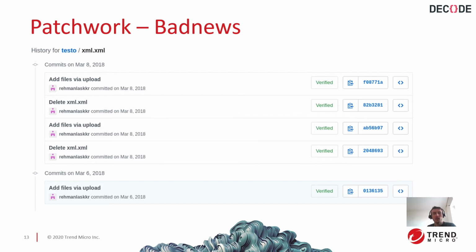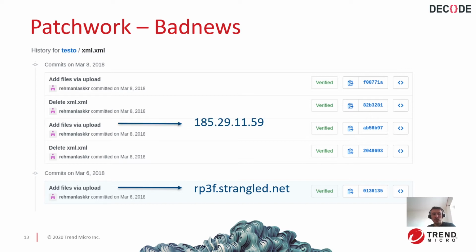We can see that in one of these repositories, we have a file called xml.xml, and we can see the history. On March 6, there was this domain. On March 8, there were two updates with the same IP address. So they keep updating the CNC just by pushing a new xml.xml file in a given repository.